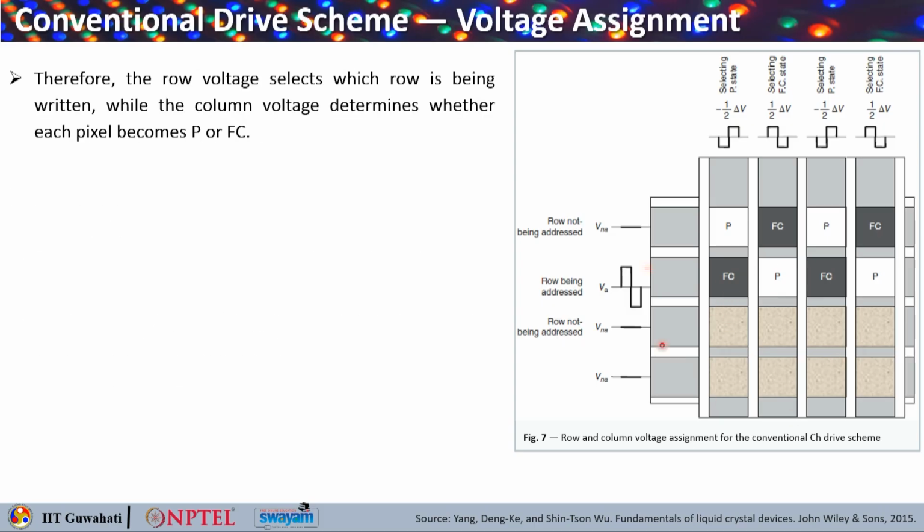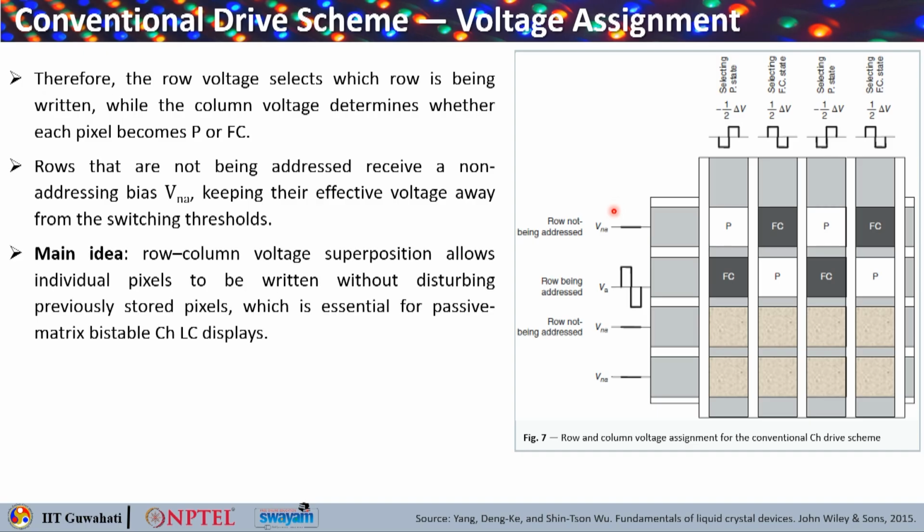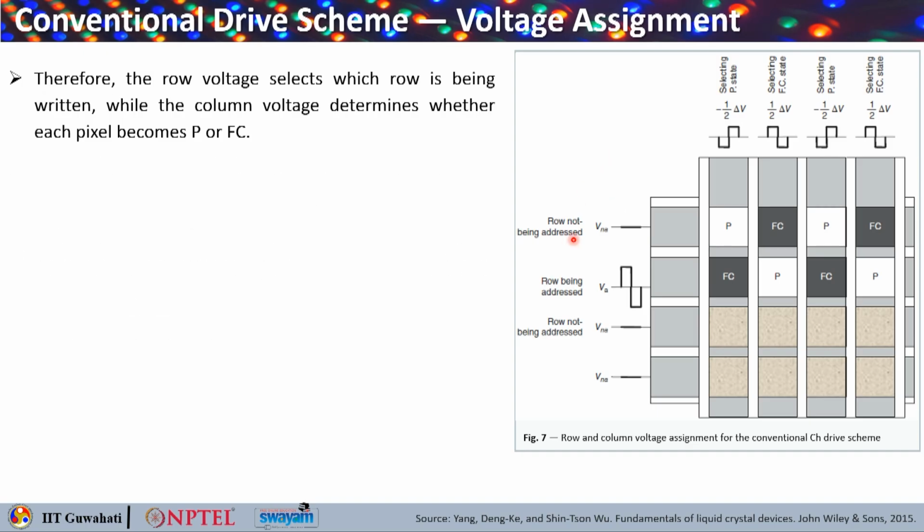This is a matrix diagram which shows 4 columns with different combinations of P, which stands for planar, and FC, which stands for focal conic pixels, driven by the assignment of the voltages shown. The row voltage selects which row is being written, while the column voltage determines whether that particular pixel will become a P or a FC.